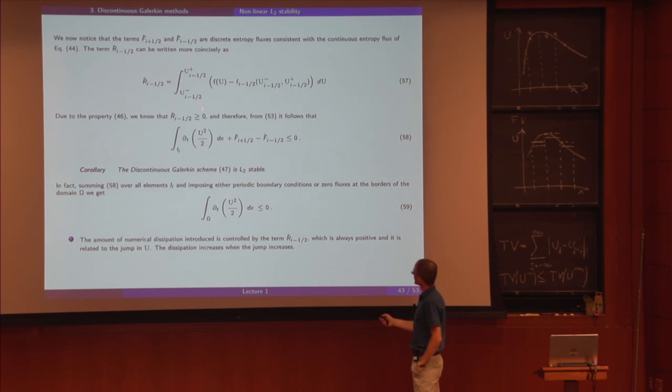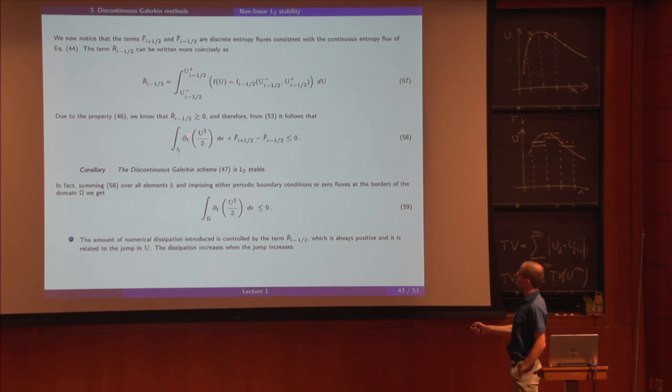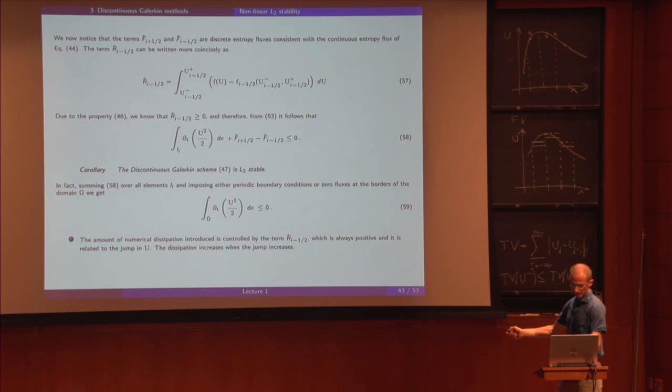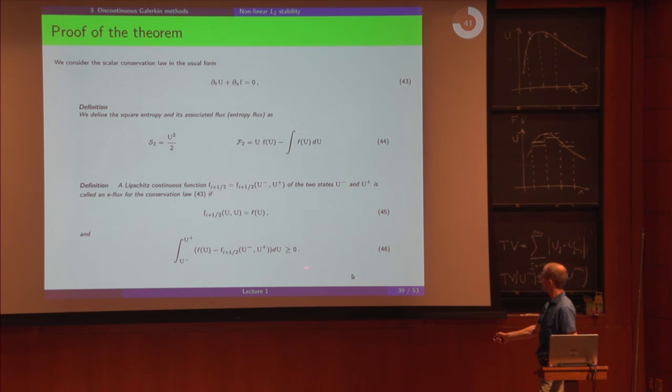And now we have obtained a relation which is valid just for the single cell over which we are integrating. Because we have this property of the entropy flux given by equation 46 above, which is this. This is always positive. You see, it was positive.